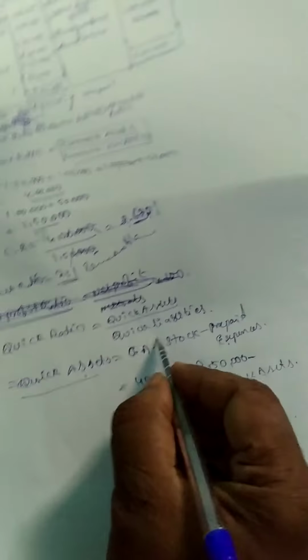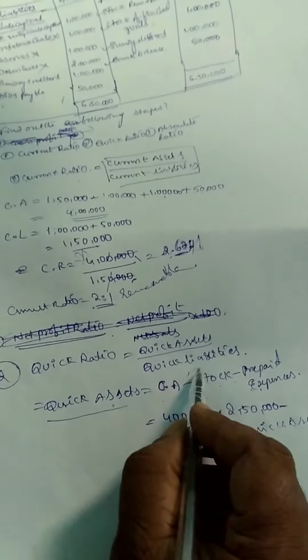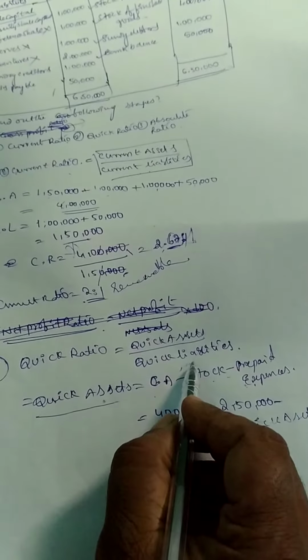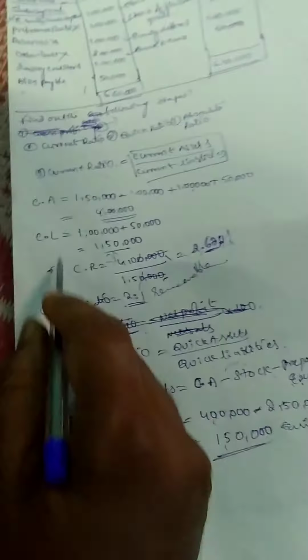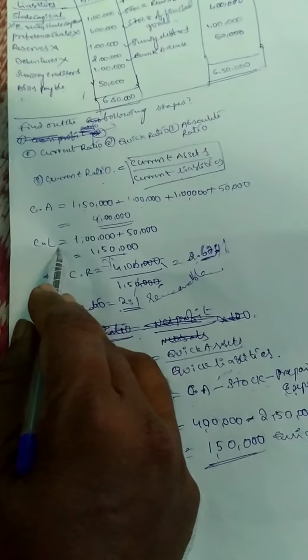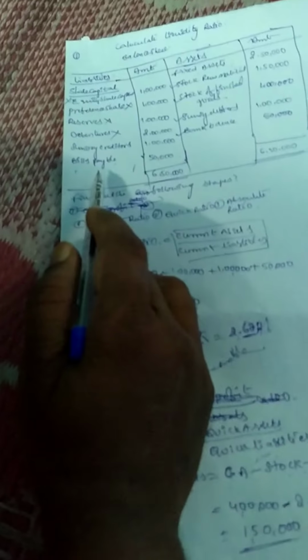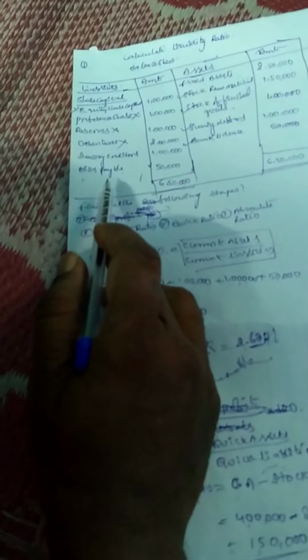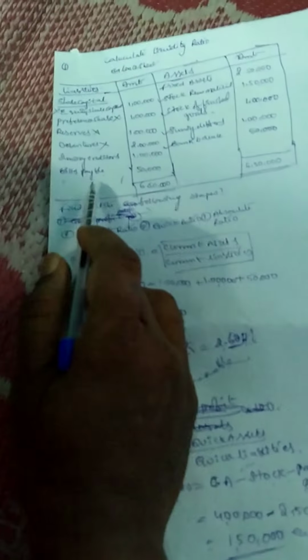Now go to the point, quick liabilities. We didn't mention any quick liabilities, so at that time we have to take only current liabilities. Quick liabilities means any bank overdraft; is there any bank overdraft in the problem? No bank overdraft.